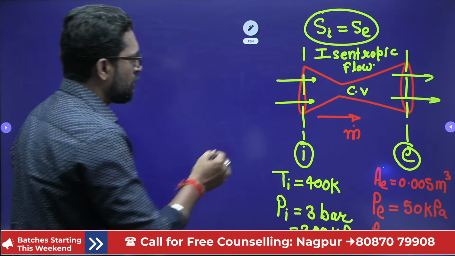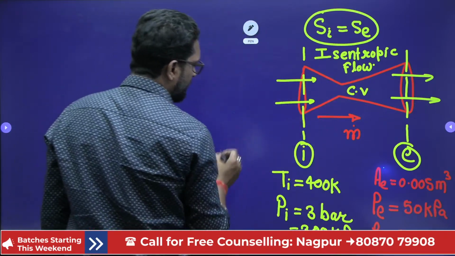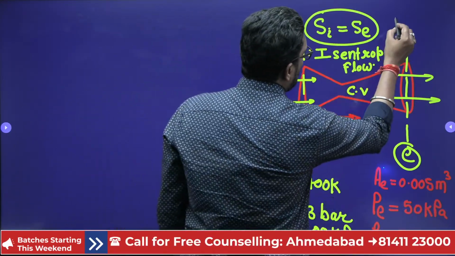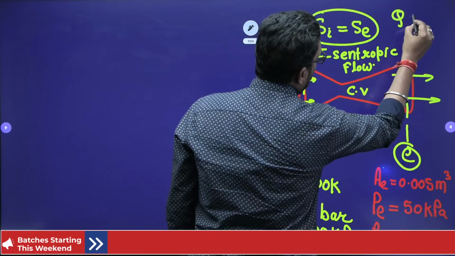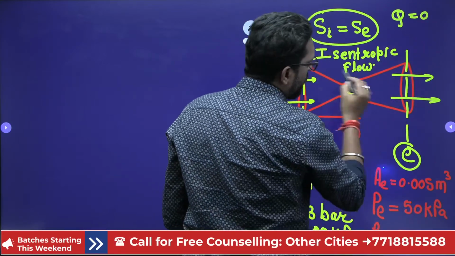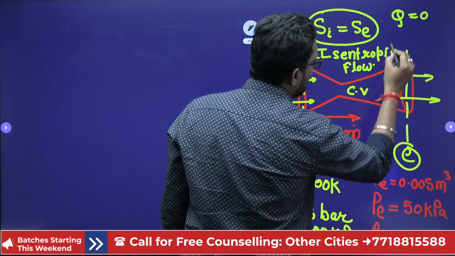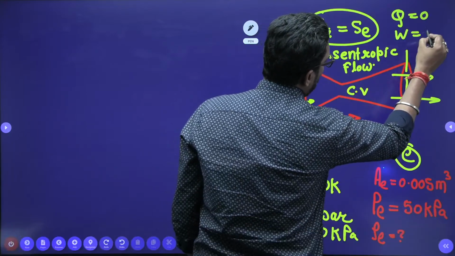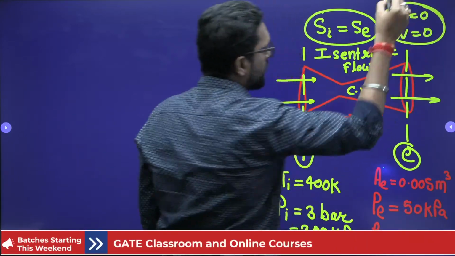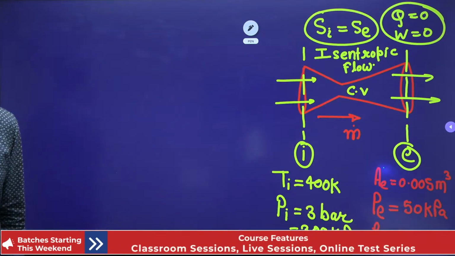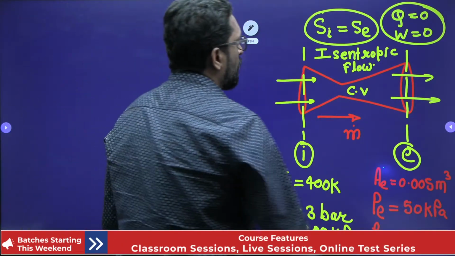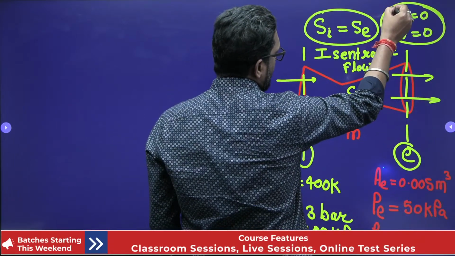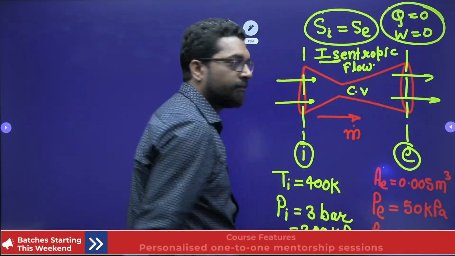That means there is no heat transfer. So in this case, we can assume no heat transfer, and there is no working device installed inside the nozzle, so work is also 0. So this is the characteristic of the nozzle when the flow is isentropic.